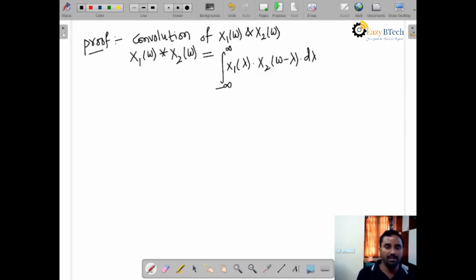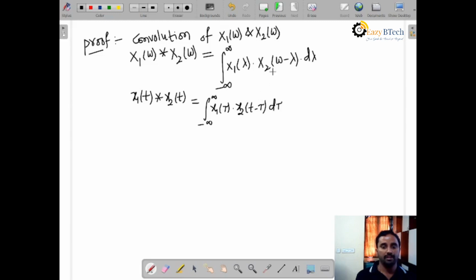So previously we have written x1 of t convolution x2 of t. In the same way I am writing. So previously, the integral minus infinity to plus infinity x1 of tau, x2 of t minus tau, d tau. So now here x2 of omega minus lambda d lambda. In the same way I am writing, right?